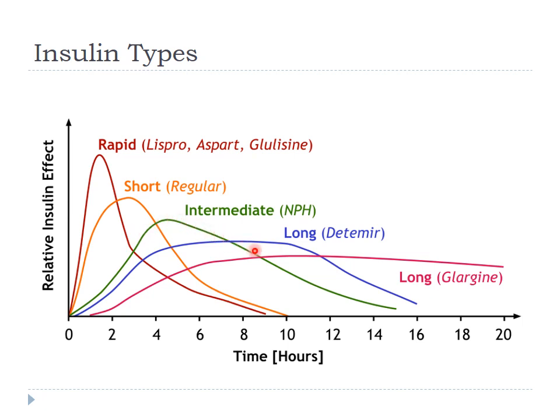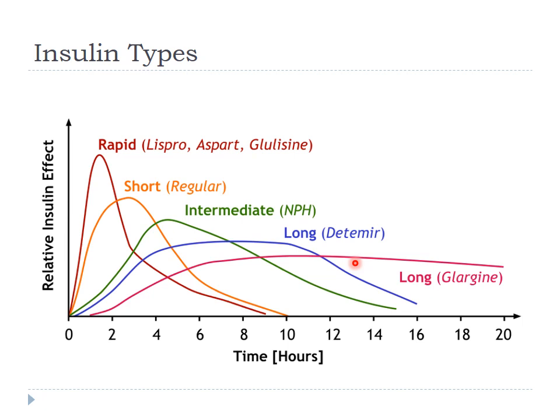We have intermediate, which sort of has a peak, but then a plateau for a little bit before it drops away. And the long actings, Levemir and Lantus, really don't have a defined peak. They get up there and then just dribble along for either 12 hours or 24 hours. Lantus conceivably keeps going and then drops off at 24. We say they both have plateaus.